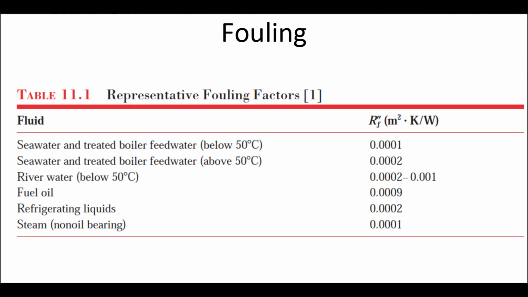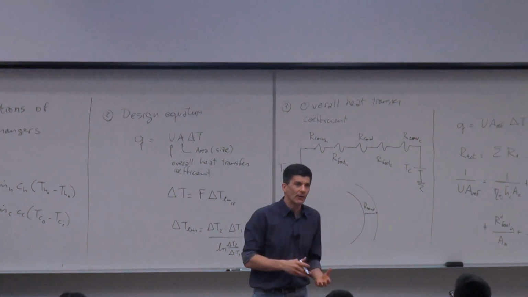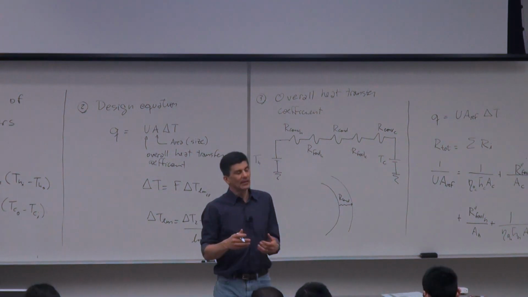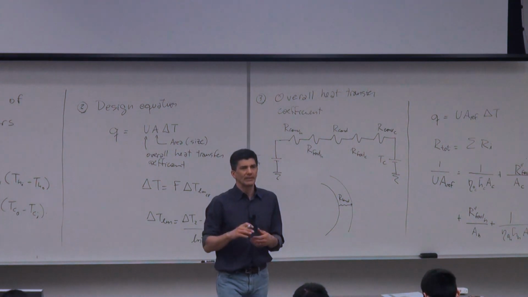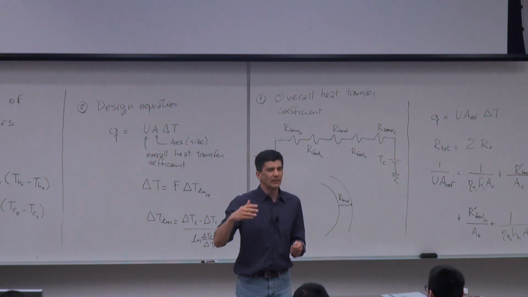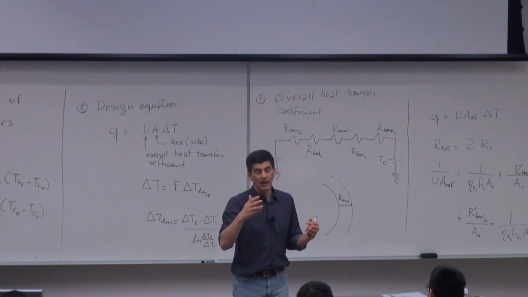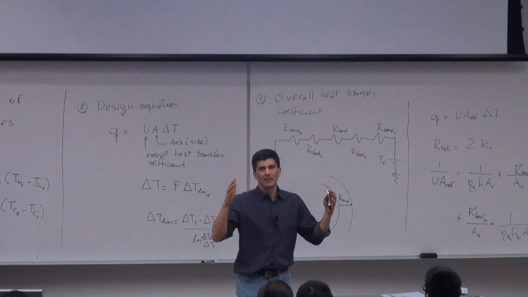The reason is when the heat exchanger is new, fouling is 0, of course. And with time, fouling increases. So the really interesting thing is when you have the progression of fouling with time, because then you are able to anticipate the performance of your heat exchanger, and you can design for preventative maintenance, for shutdowns.